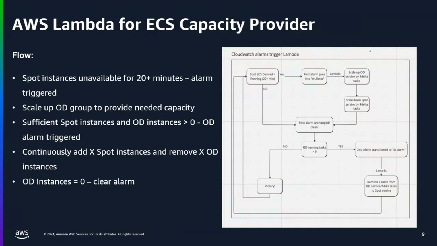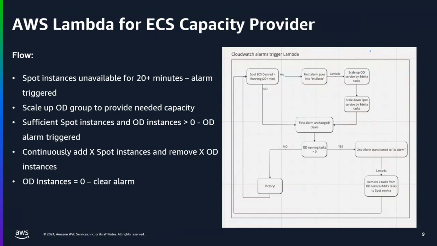And that's when the Lambda gets triggered. The first Lambda gets triggered, it will fail over, it will start building up on the on-demand capacity provider. It will start with the delta, whatever is the missing delta between desired and running instances. And then gradually it will keep on adding until the desired capacity and the running capacity are the same.